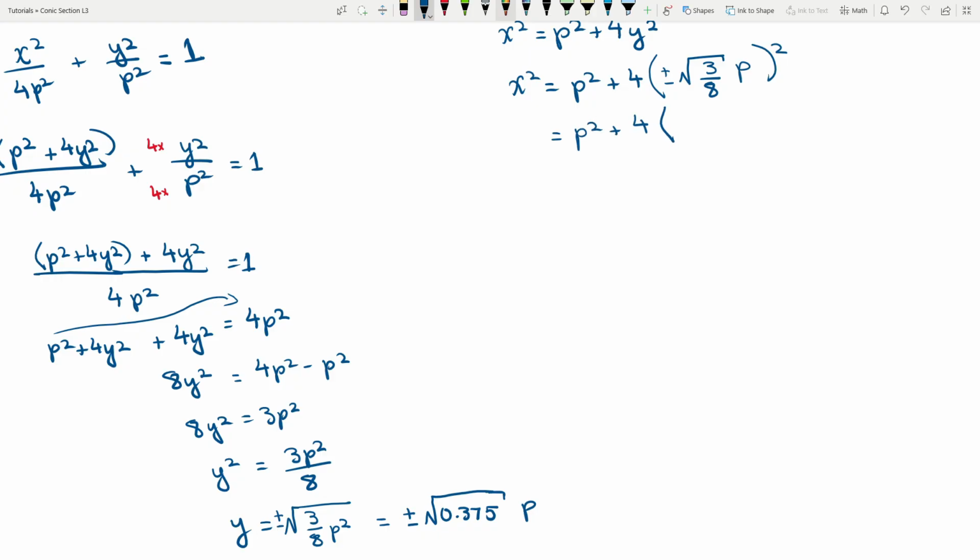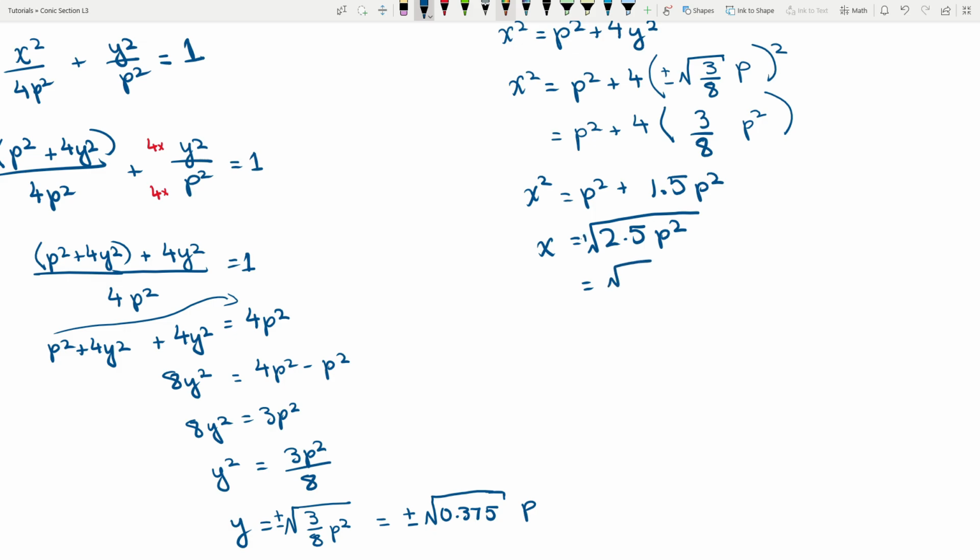This will mean the p squared will come like this, and be like 3/8 because the square root and they cancel out. Therefore, if we simplify it further, we get 1.5 p squared, okay, therefore 2.5 p squared square rooted. This will mean, oh, plus minus actually, right? Plus minus 2.5 p.